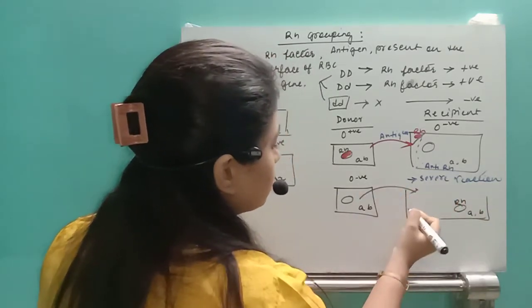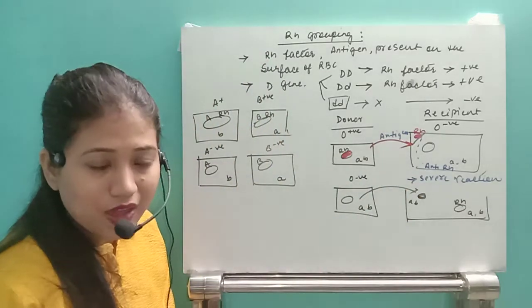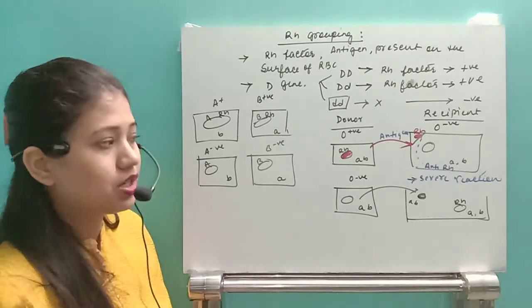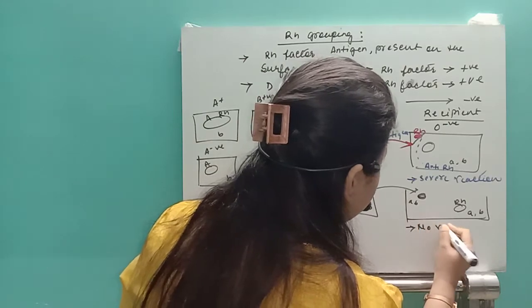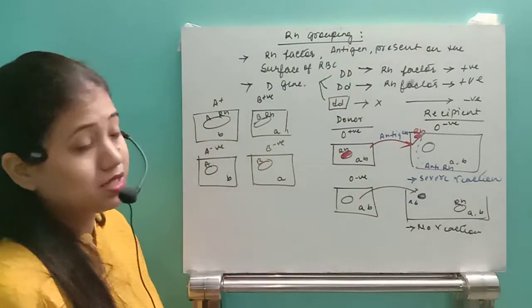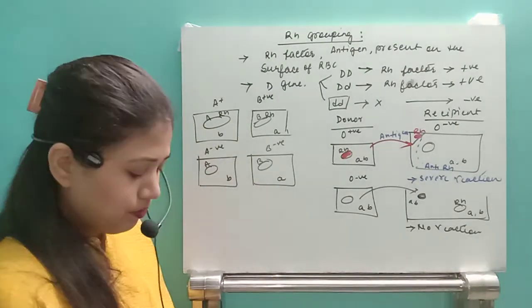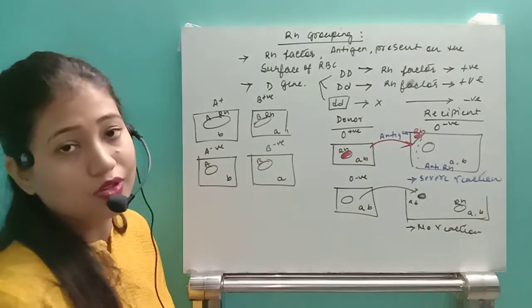Whenever this blood is transfused, is any foreign thing detected as entered? No foreign thing has entered, so no reaction will occur. That's why the O negative individual is the universal donor, and O positive is the universal recipient.